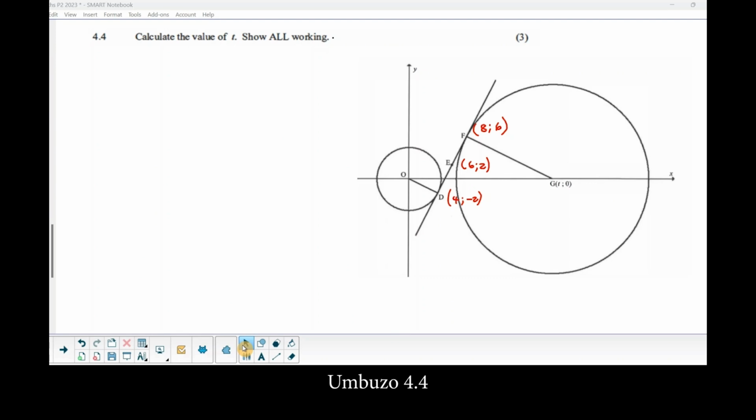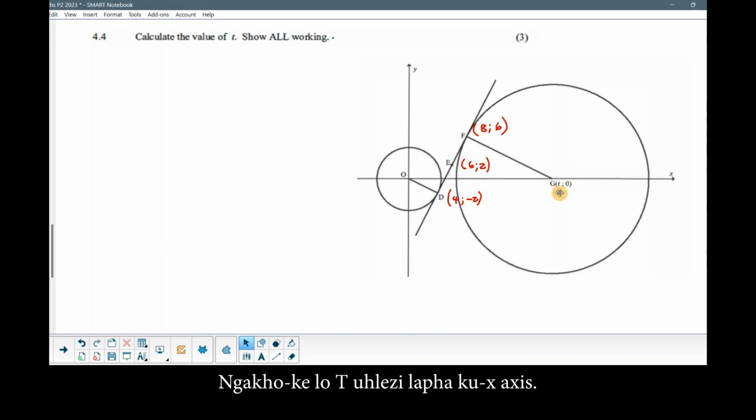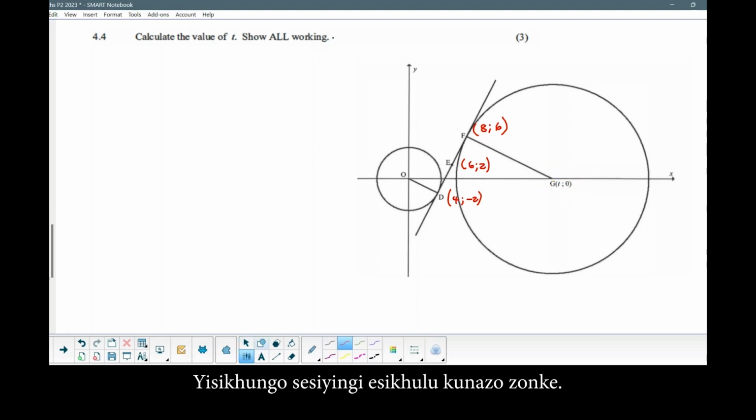Question 4.4, calculate the value of t, show all working. So where's t? T is actually sitting here on the x-axis. It is the center of the largest circle. So let's have a look at what information we have. We have the points D, E, and F. We've also just figured out that this equation here is y is equal to 2x minus 10.